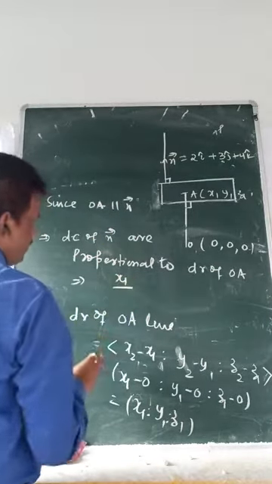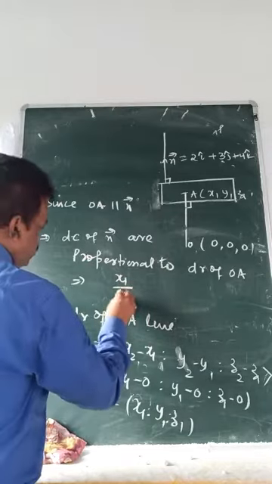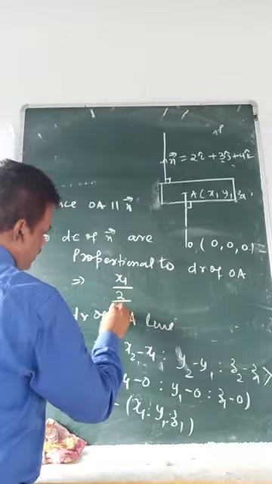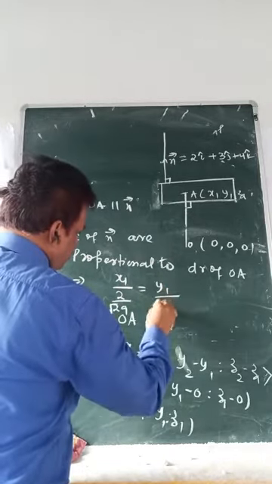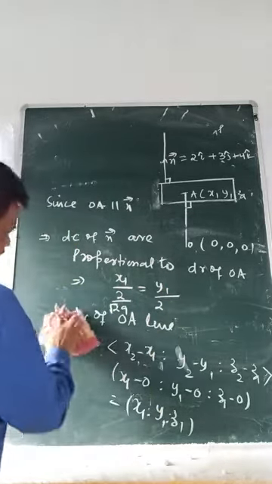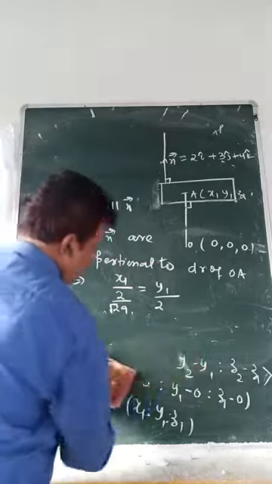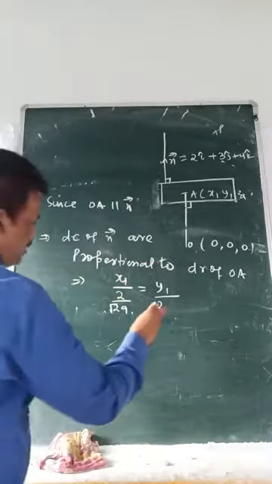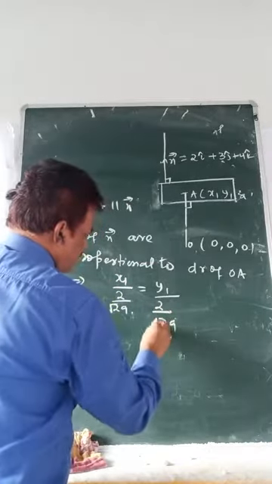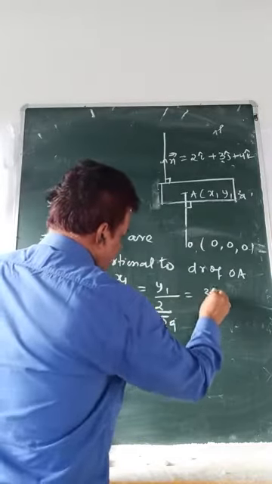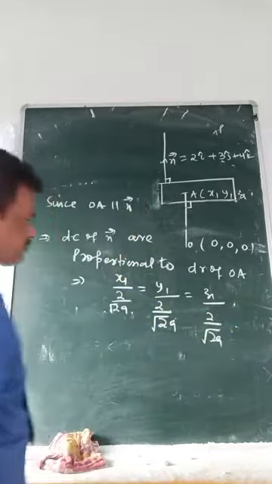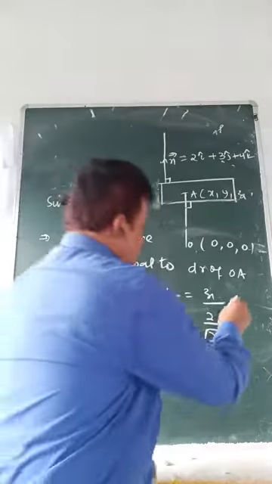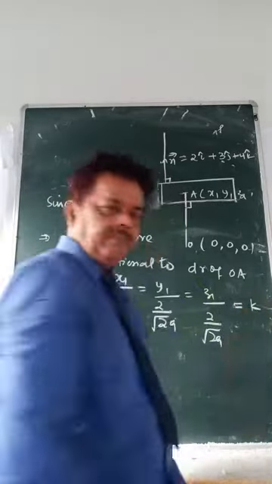x1 by 2 by root 29, y1 by 3 by root 29, z1 by 4 by root 29, suppose equals k.